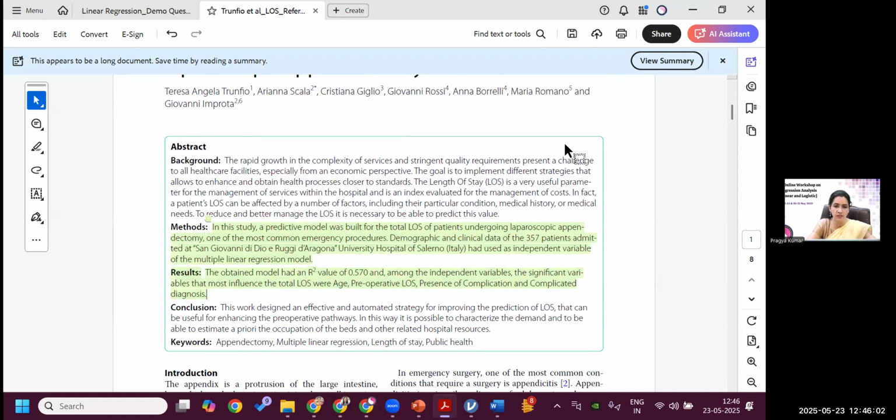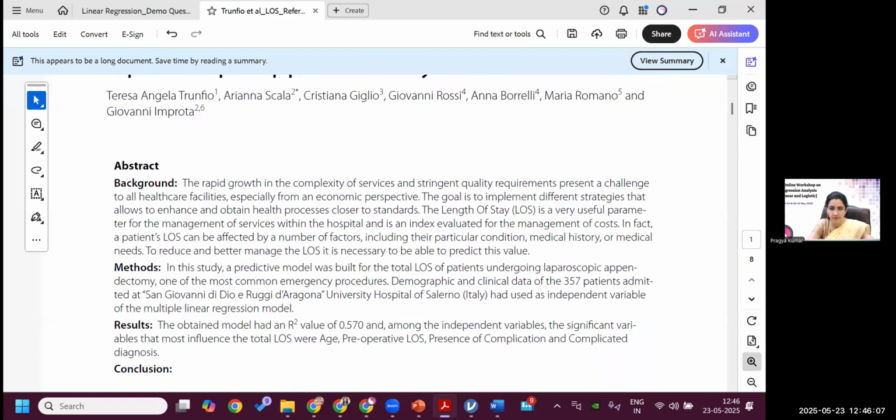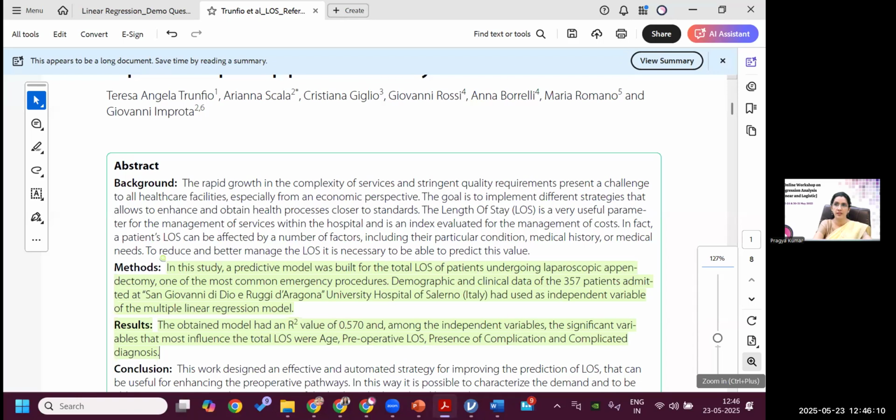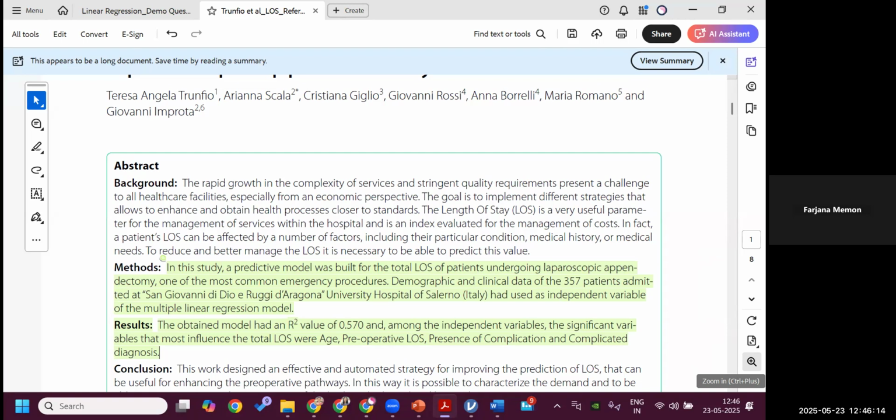If someone has not read, yes. Any volunteer? Yes, ma'am, I will. Go ahead, Ajay Kumar, go ahead, please.